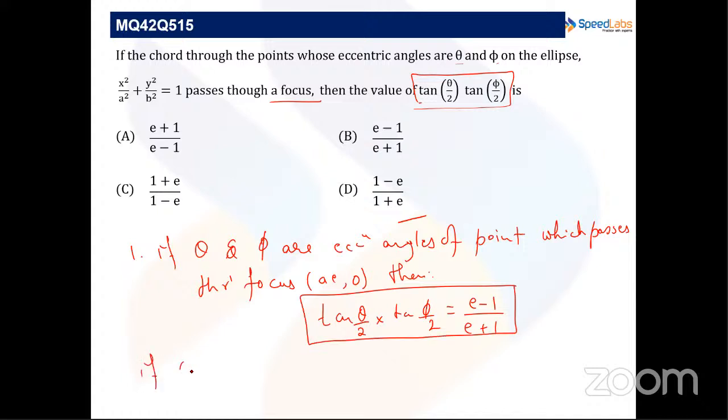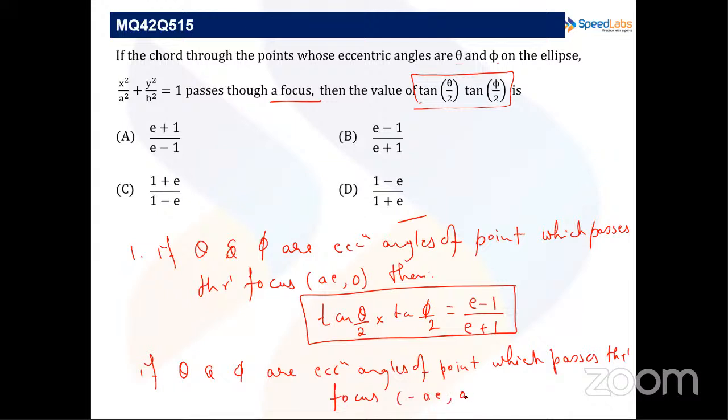Similarly, if theta and phi are eccentric angles of points which pass through focus (minus ae, 0), then we will have tan(theta/2) into tan(phi/2) equal to (e plus 1) upon (e minus 1).